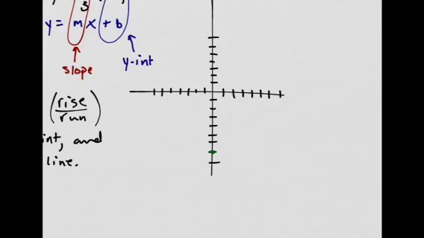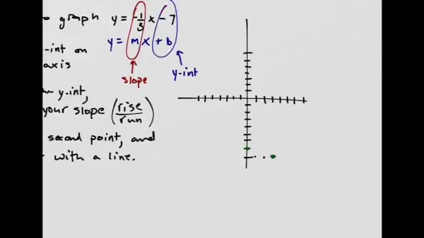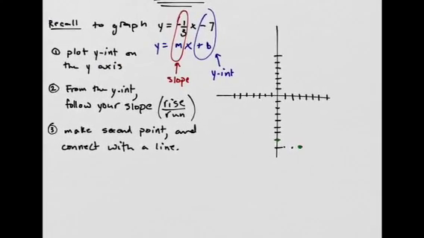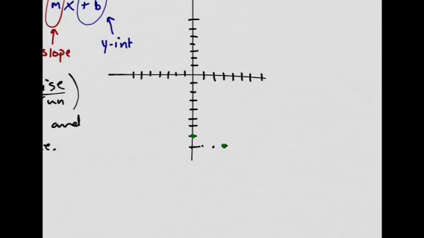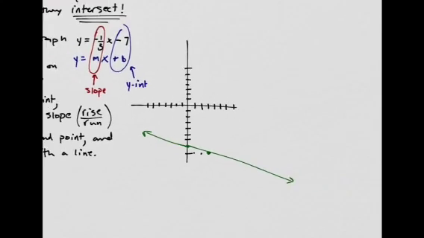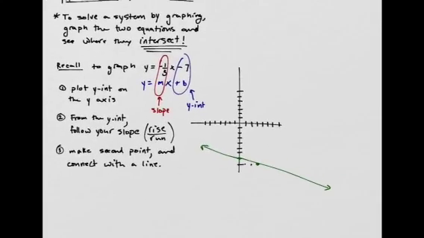Down 1 and then 1, 2, 3. That makes my second point, and then connect with a line. You should use your ID or a ruler to do it perfectly. But there you go, that's how you graph.